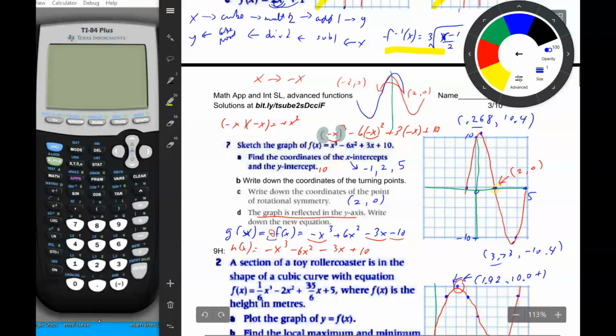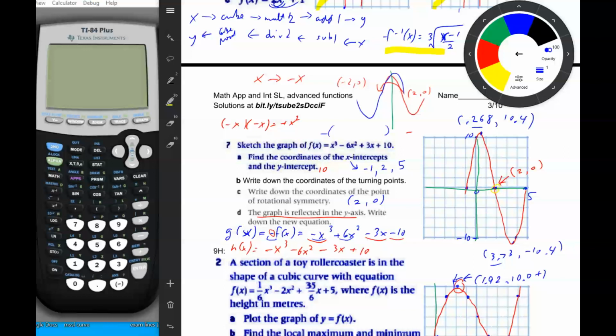So it would be negative of everything, which would be negative x cubed, positive 6x squared, negative 3x and negative 10.